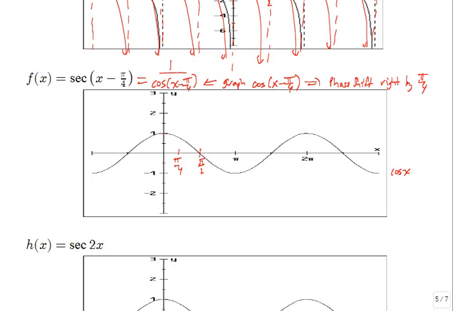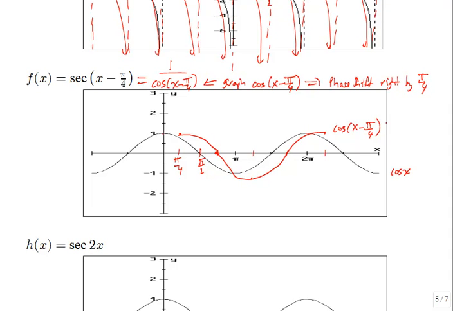So instead of starting here, I'm going to move that to the right, and instead of stopping here, I'm going to move that to the right, and instead of having my min at pi, I'm going to move that to the right. So I would get this graph that does this. So there's now the new graph of cosine x minus pi over 4.